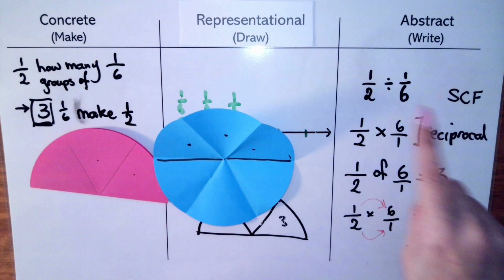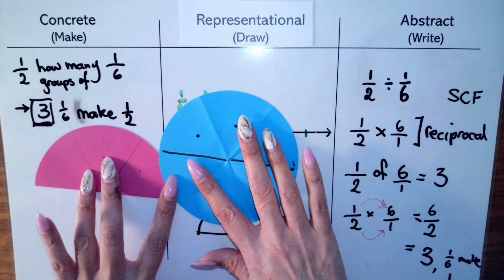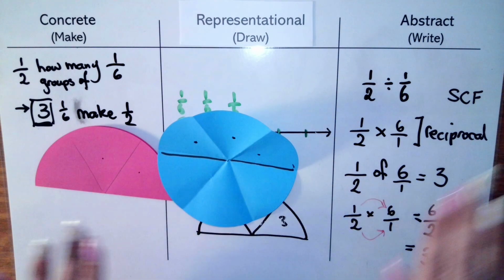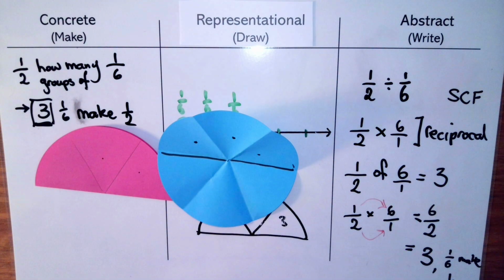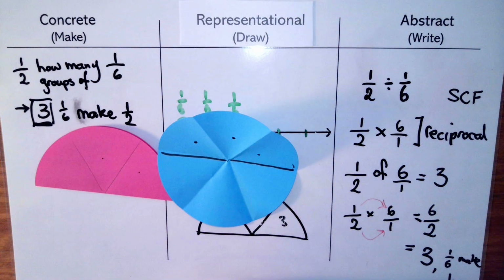Why is it that when we use this approach, we get certain results? And why is it that we use this process? That is fundamentally why we use the CRA approach. We want to get to the abstract, but we want to understand the steps leading up to that abstract process.